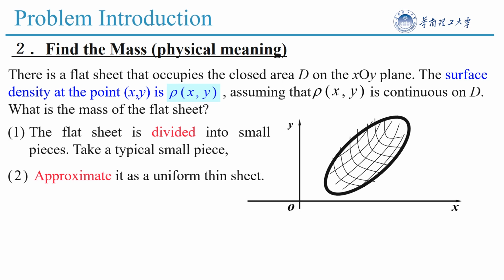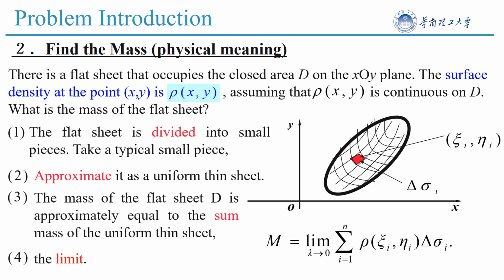Here we still can use the method of dividing, approximating, summing, and the limit to solve the problem. Step 1. The flat sheet D is divided into small pieces. Take a typical small piece delta sigma i. Step 2. Approximate the mass of delta sigma i as a uniform thin sheet, that is rho(xi_i, eta_i) times delta sigma i, where (xi_i, eta_i) is an arbitrary point in delta sigma i.